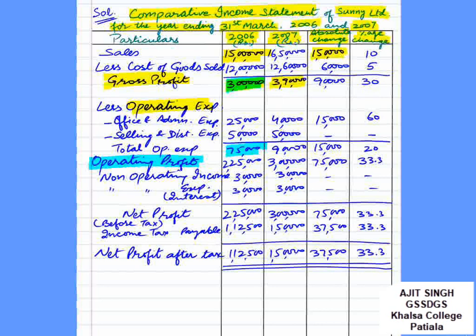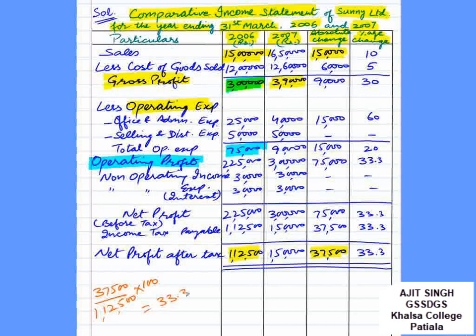Percentage change has been calculated as the absolute change, which is 37,500 divided by figure of the base year, that is 1,12,500. This is to be multiplied by 100.